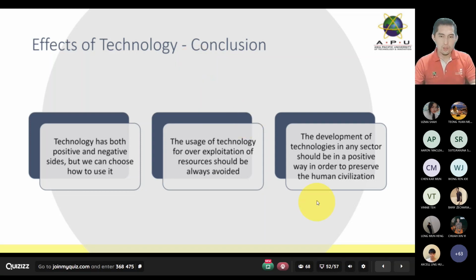The usage of technology for overexploitation of resources obviously is something to be avoided. Moving forward, there are a lot of technologies in place, and the way technology used to work has changed, because there is the whole idea of how to preserve all this for the future to come.